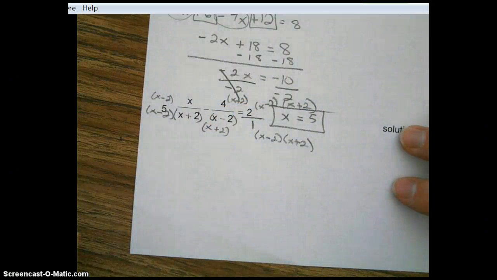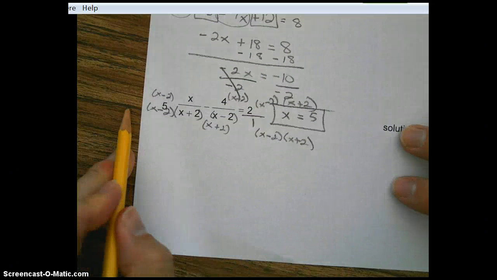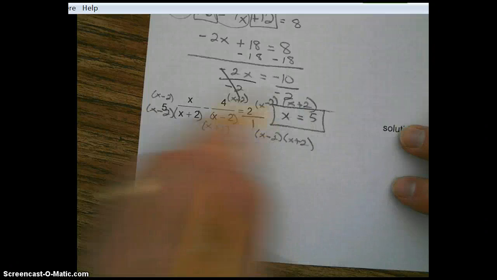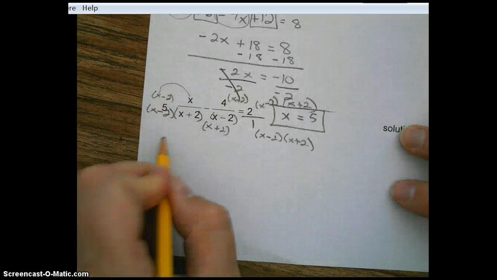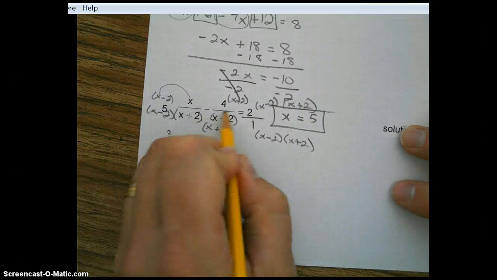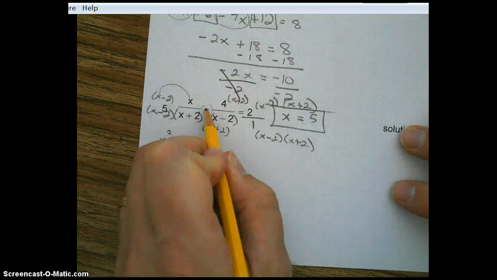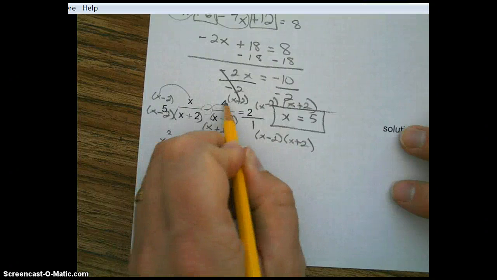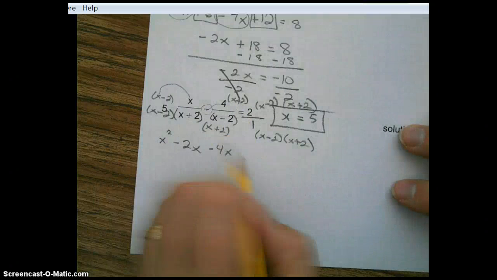Alright, so we can cancel out the denominator. Let's go ahead and simplify the numerator. So x times x minus 2x. Distribute, don't forget the minus, that's negative 4 times x. Negative 4 times 2.